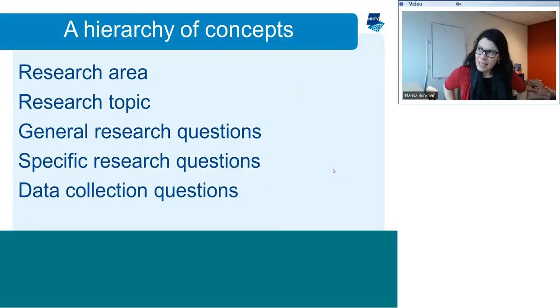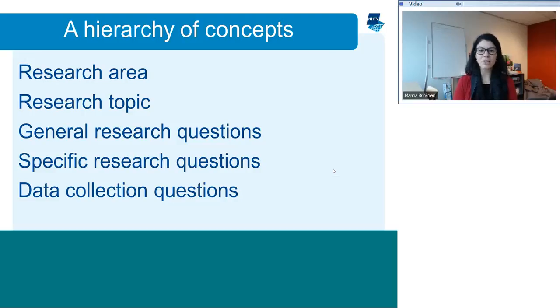So far, enough on research questions, and before we move into the concepts which are part of the research questions and the variables which are part of those concepts, I just would like to remind you to think of this hierarchy of concepts. When we talk about general research questions and specific research questions, which can also be called sub-questions, we do not talk necessarily, actually not at all, about data collection questions.